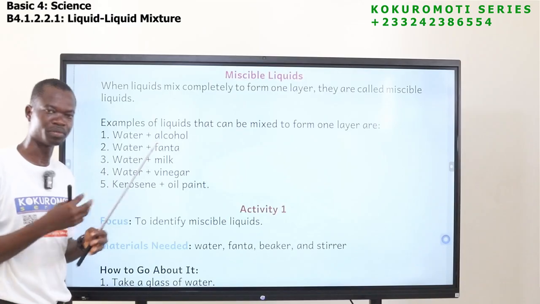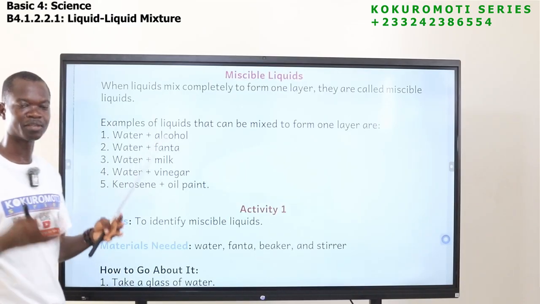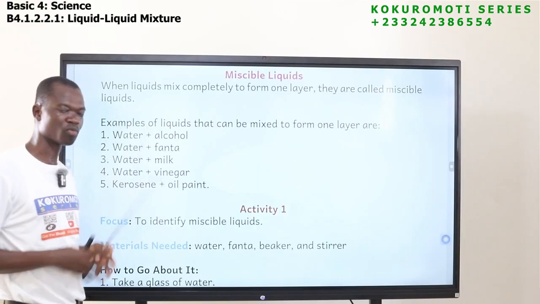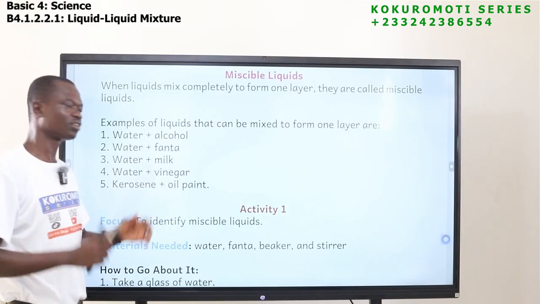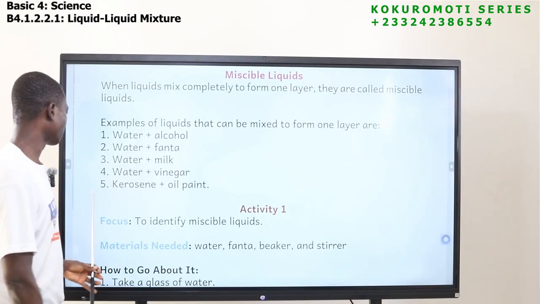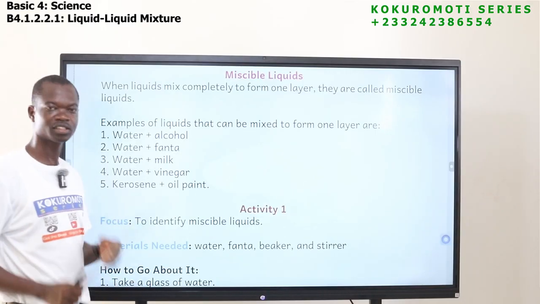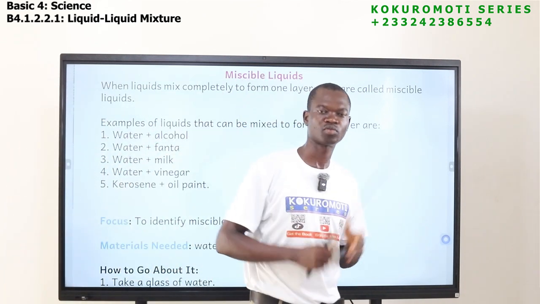All of them will be mixed completely. We have water and milk. If you mix them, they form one layer, one color. We have water and vinegar. The same thing. Kerosene and oil paint, if you mix them, they mix completely to form one layer.